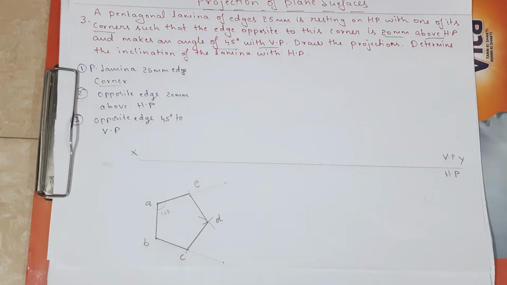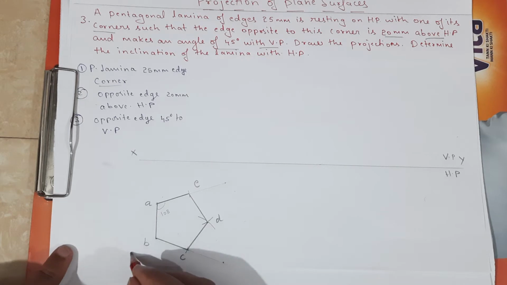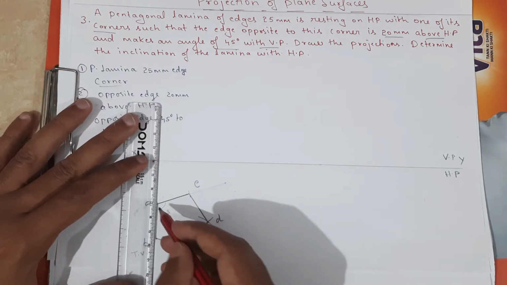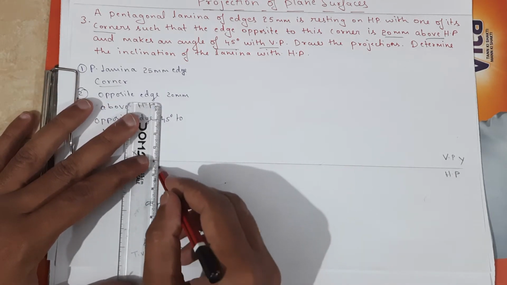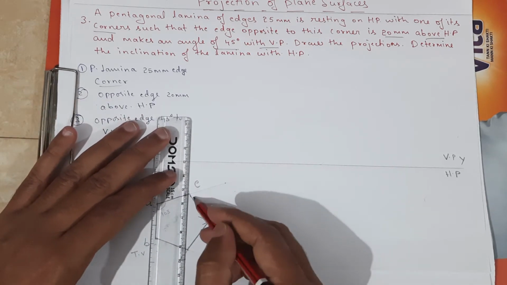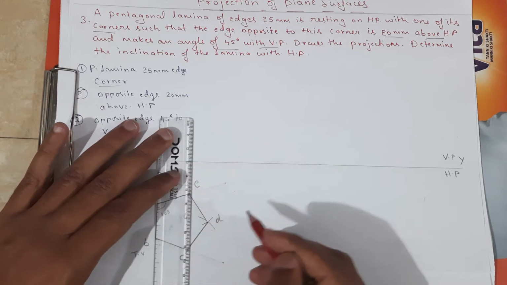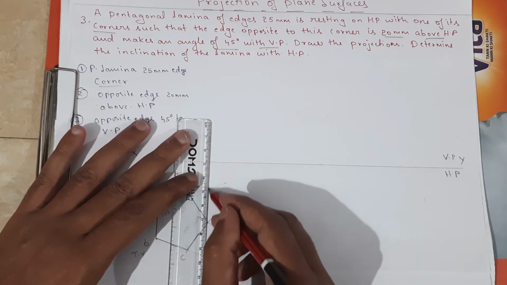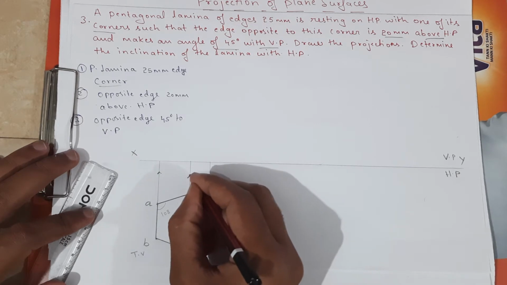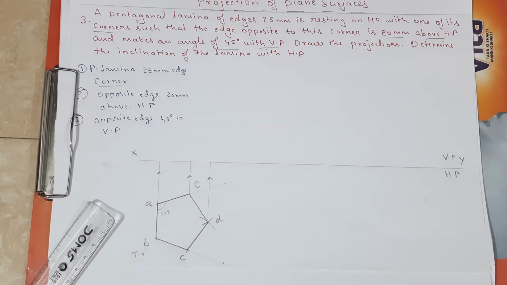You got this. So this is the top view. From this I am going to draw the vertical projection upwards until it touches the XY line.